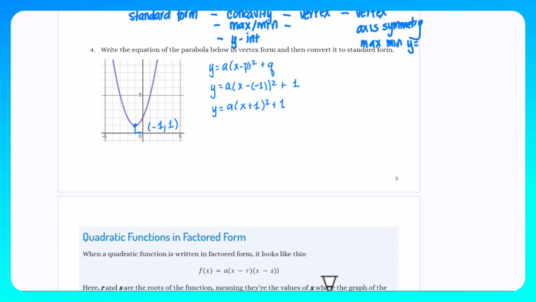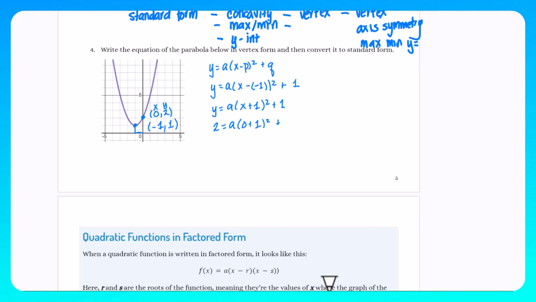The next thing we're going to do is find another point on the graph. Let's pick something easy. Let's pick 0 and 2. And we're going to substitute that x and y for the x and y in our vertex form to solve for a. So I'm going to put 2 here. I'm going to put 0 there.